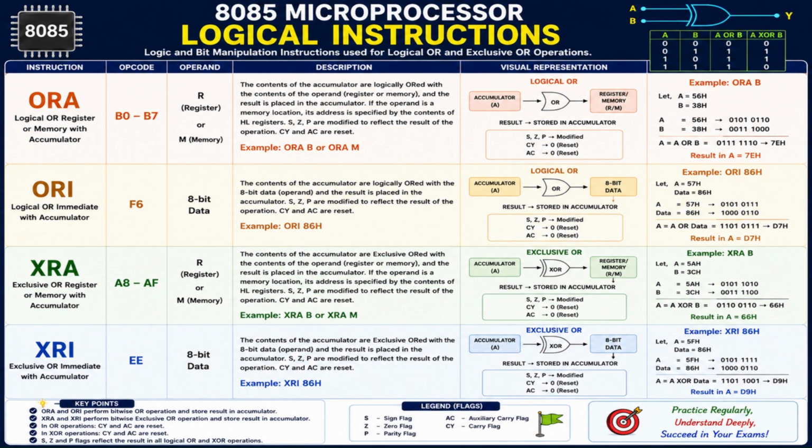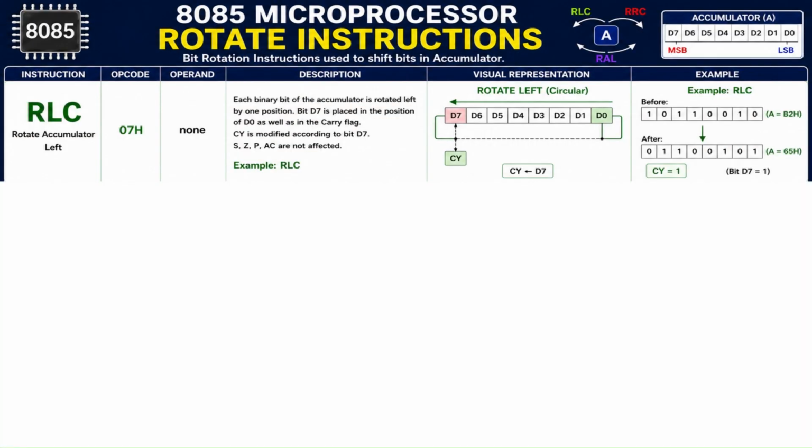XRI performs a bitwise exclusive OR operation on immediate data. These logical instructions are extremely useful in masking bits, setting bit patterns, clearing bits, or checking conditions, and digital data processing. Moving to our next set of operations, these are rotate instructions.